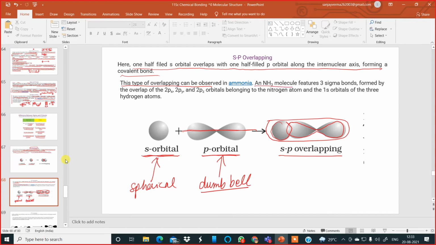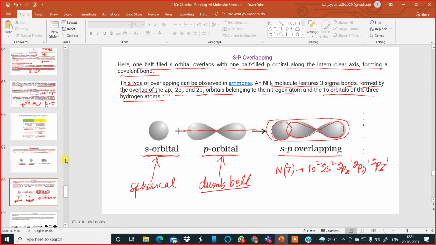An ammonia molecule features three sigma bonds formed by the overlap of 2px, 2py, 2pz orbitals belonging to the nitrogen atom and the 1s orbitals of the three hydrogen atoms. If we look at nitrogen, the atomic number is 7, and the electronic configuration is 1s2, 2s2, 2px1, 2py1, and 2pz1.